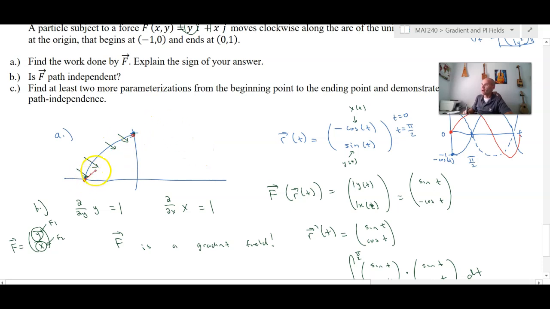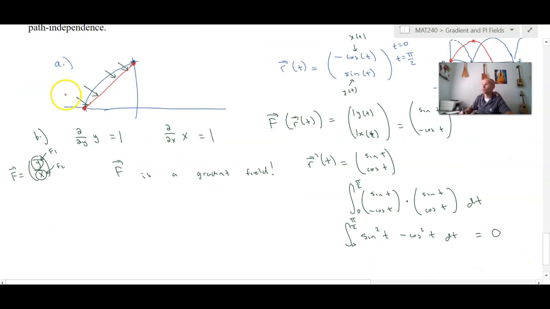Now, the path from here to here can be found by parameterizing a line along the x and y axes that model this. So I'm going to say that this is going to have a slope of +1, increase of 1, increase of 1, and it's going to have a y-intercept of +1, so I'm going to argue that you could write the parameterization for the line y equals x plus 1.